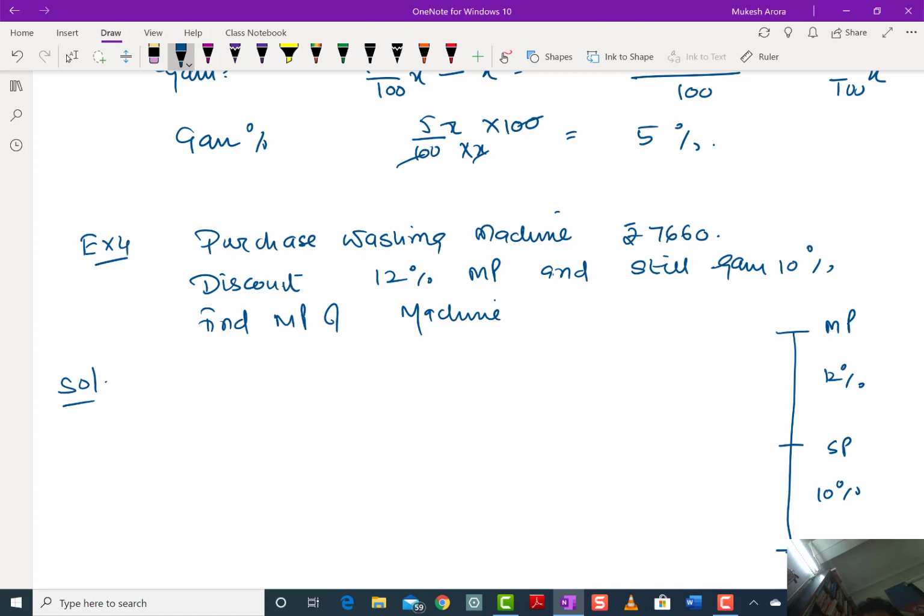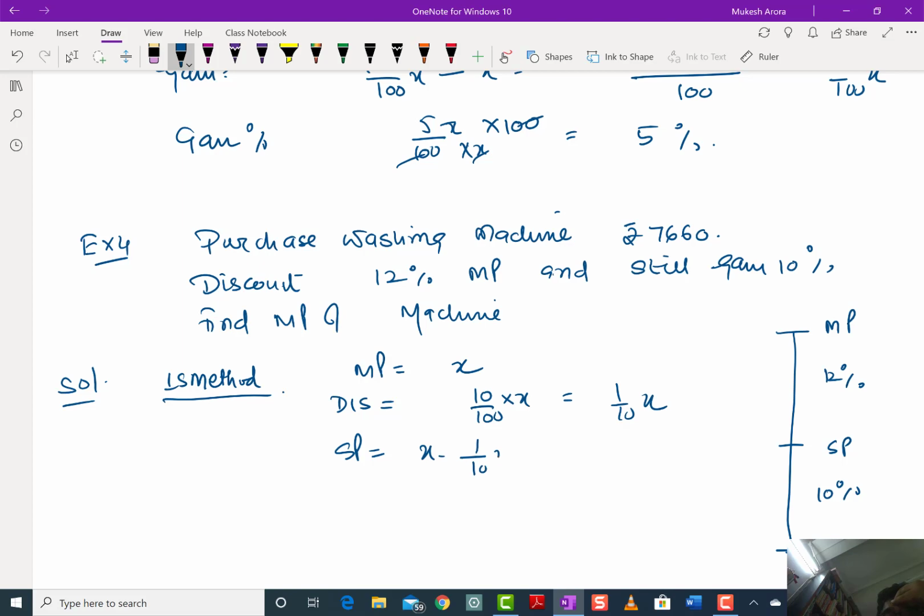So there are two methods. First method is we take MP as x. Discount is 10% of x, 1 by 10 x. Selling price is x minus 1 by 10 x, 9 by 10 x.